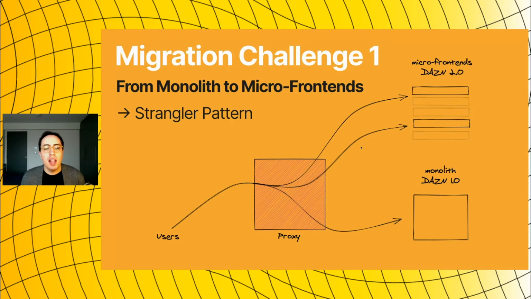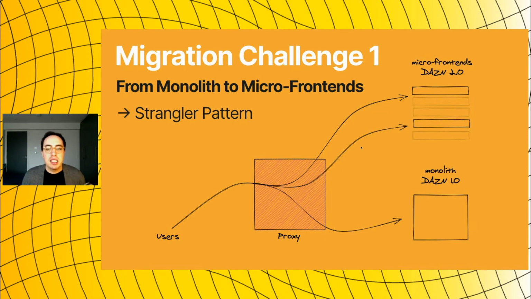That's a well-established concept in the backend world, in the microservices world, and it's called the Strangler pattern. This pattern helps define some rules for how to migrate from a monolith to microservices, and we applied the same concept to the front end.